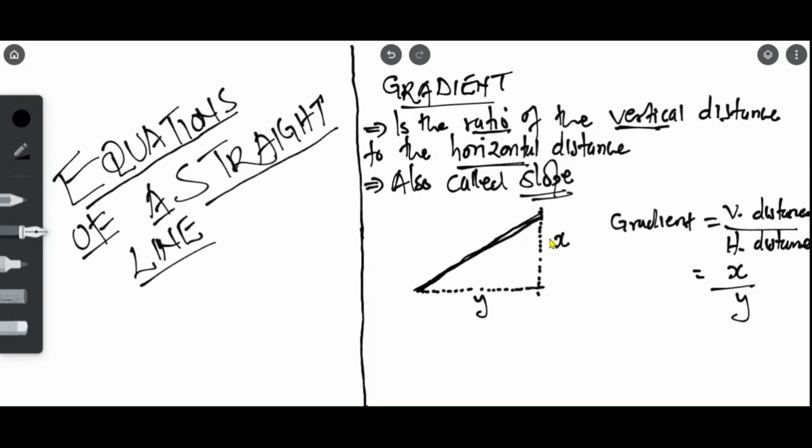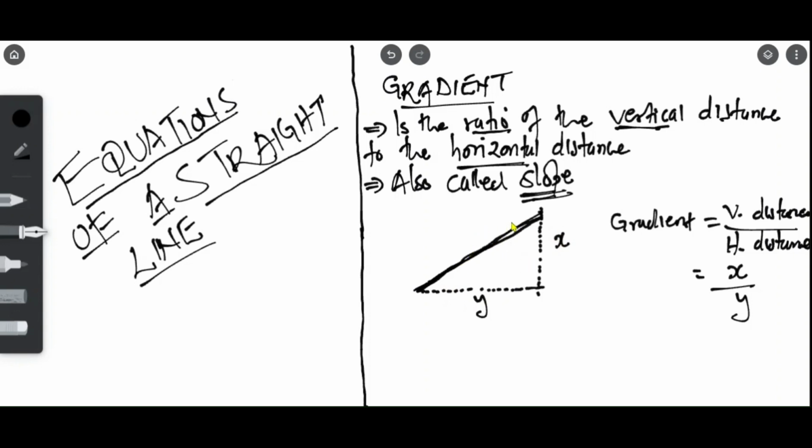So it's the vertical distance all over the horizontal distance written as a fraction, because a ratio can also be written as a fraction. So simply, that is the gradient of a line. The other name for it is the slope, and this is generally the formula of getting the gradient of a given line: the vertical distance all over the horizontal distance.